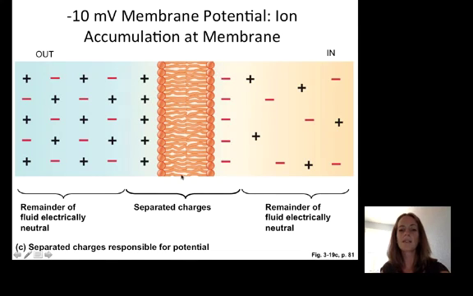Because those ions cannot cross, that charge will just build up at the membrane. So you'll have negatives accumulating on the negative inside, and you'll have positives accumulating on the positive outside. They can't cross, so this creates a separation of charges, which is our membrane potential, or our potential for electrical signaling if we get some channels to open up across the lipid bilayer.